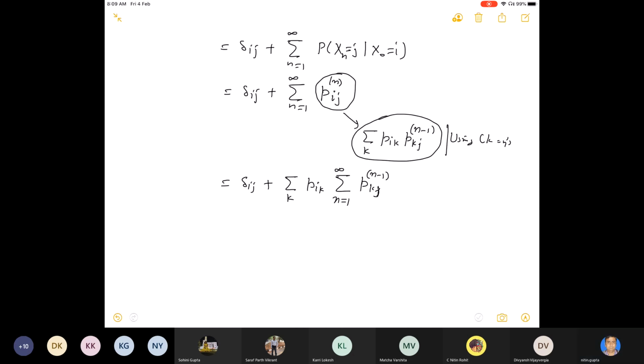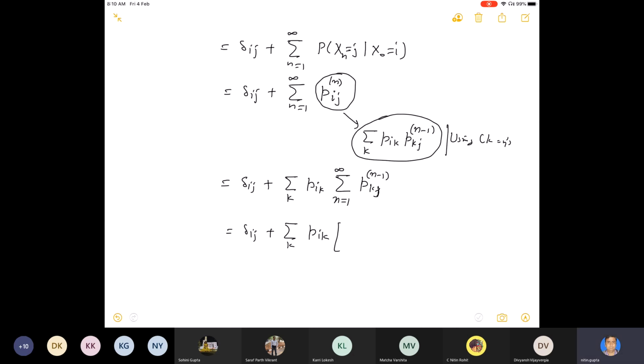Now this will be delta ij plus summation over k of p_ik. Now when n is equal to 1, then this becomes p_kj^(0). And p_kj^(0) means the probability that X0 is equal to k, given X0 is equal to j.